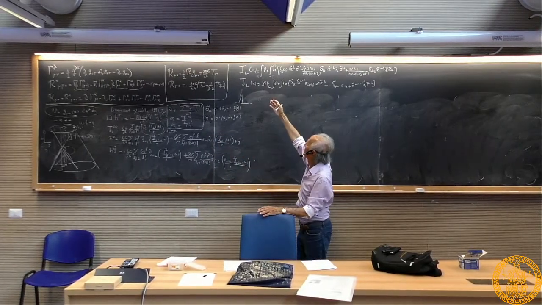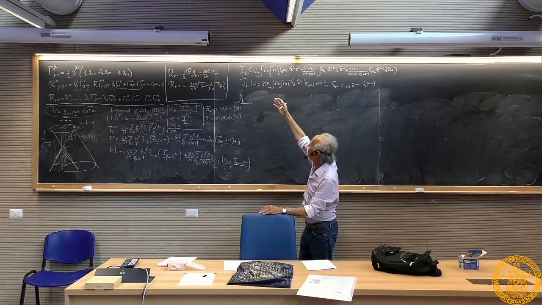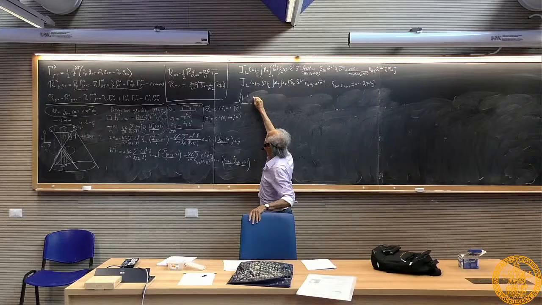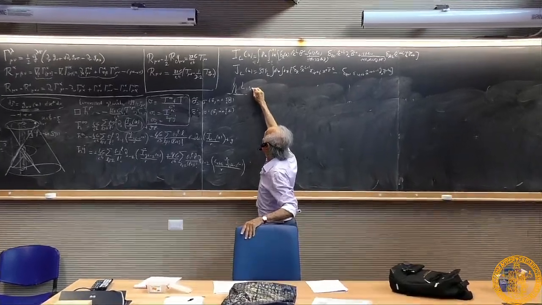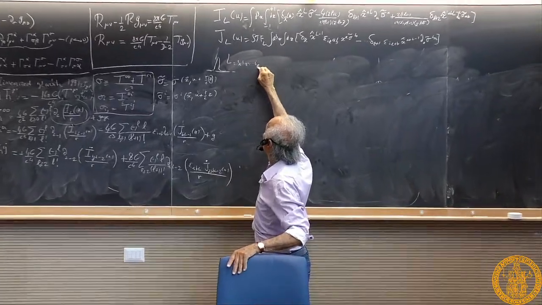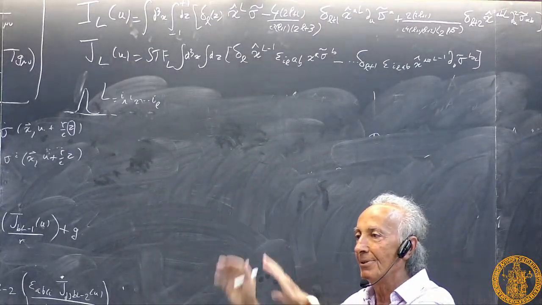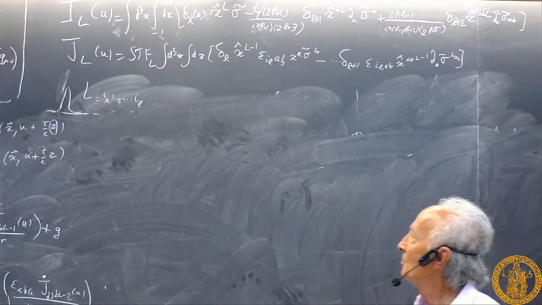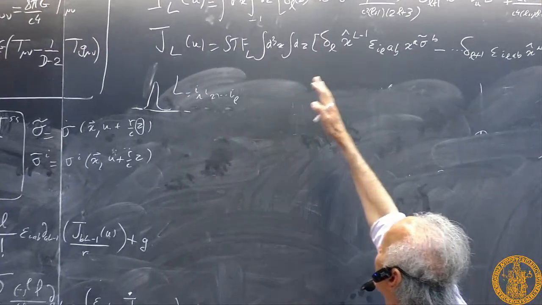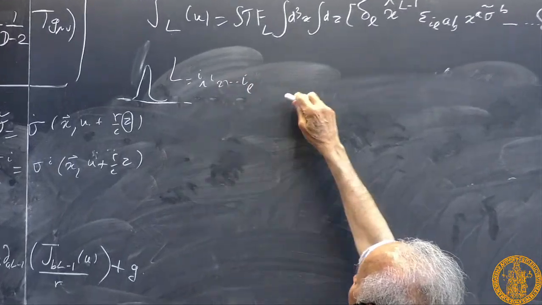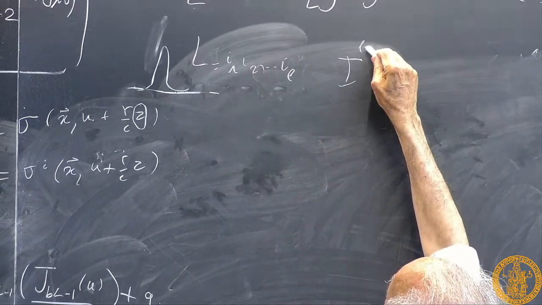The multipole moments of the mass type are called IL. Let me remind you that L is a notation for L indices. Each index goes from 1 to 3, and all of these are symmetric trace-free, okay? So it's a short notation for this. The first list of multipole moments starts with L equals 0.